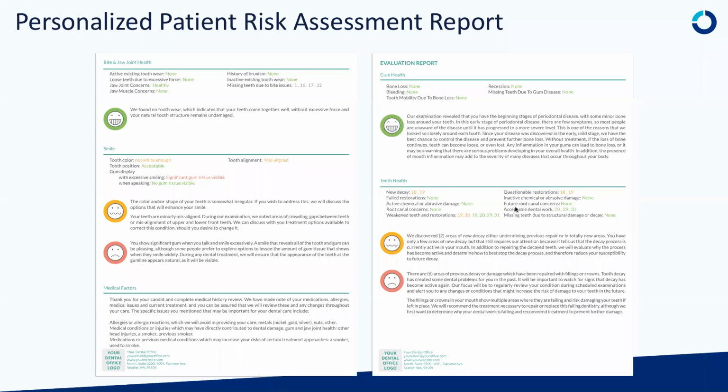So it never really actually suggests a treatment for the patient. It actually just explains to the patient what the risk is and what could be the future risk if they don't go ahead with that treatment that you're going to suggest.